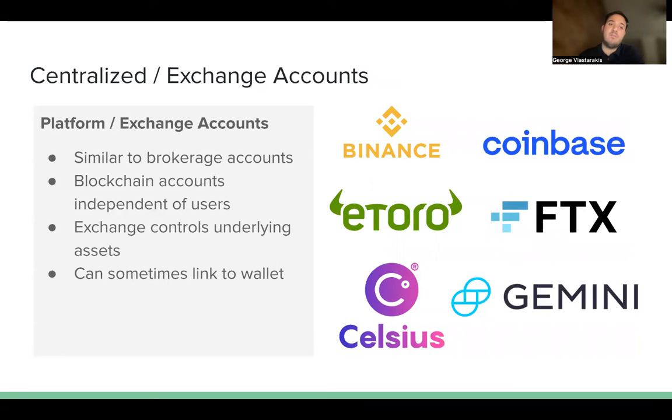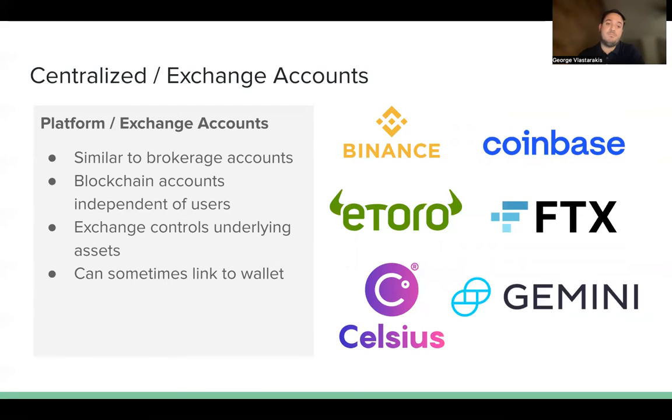And at last, we have our centralized or exchange accounts, which the rest of the presentation and the crypto products that we'll analyze relate to mostly. The way that we should understand this is that these are pretty much, as we introduced earlier, platform accounts, very similar to brokerage accounts when we are talking about exchanges such as Binance or Coinbase.